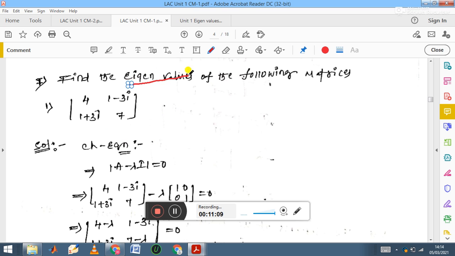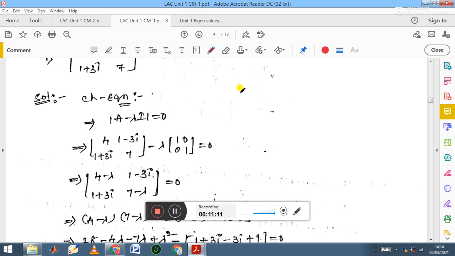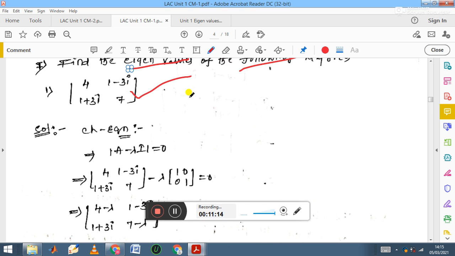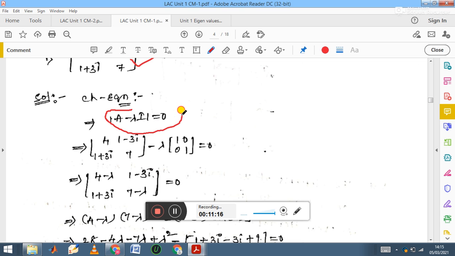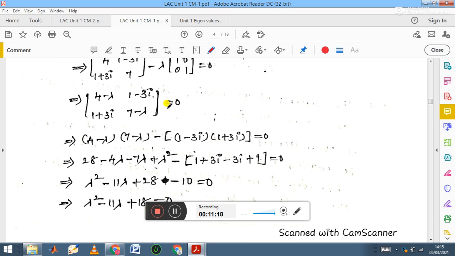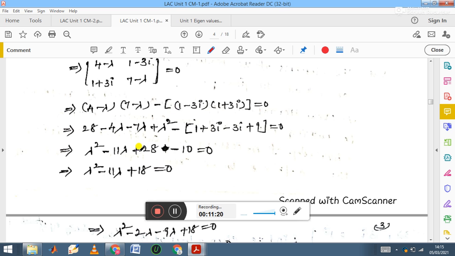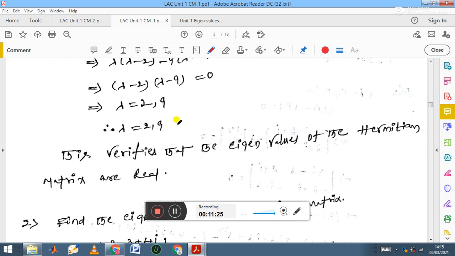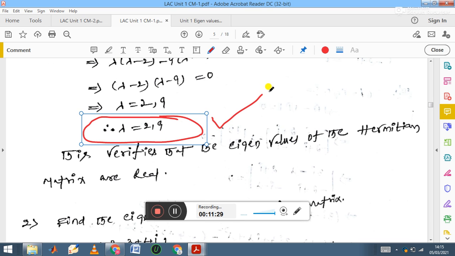Here this is the given matrix, so use the characteristic equation, and if you solve this determinant you get a quadratic equation. If you solve this quadratic equation you get two roots. Here the roots are 2, 9. So these are the eigenvalues.